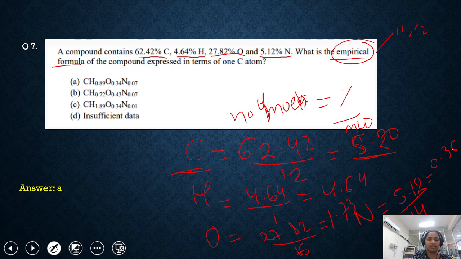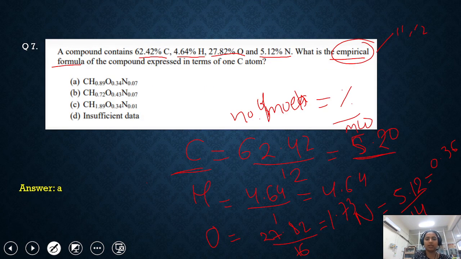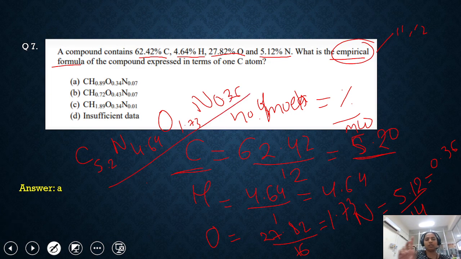So if we consider this, it will make carbon 5.2, hydrogen 4.64, oxygen 1.73, and nitrogen 0.36. But this is not the answer, or this is not the option given.